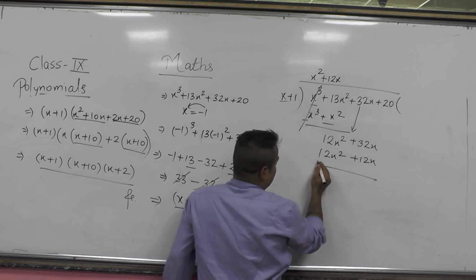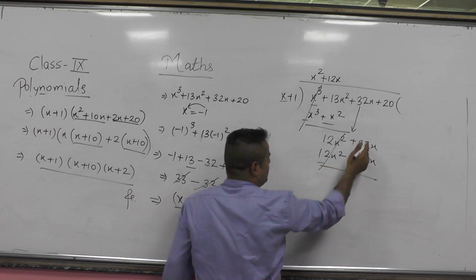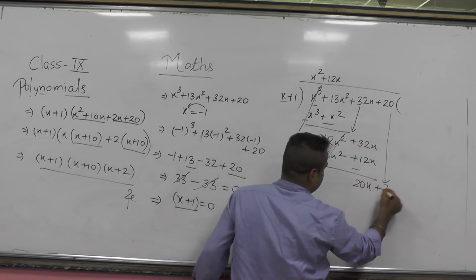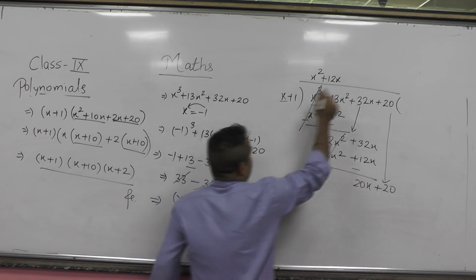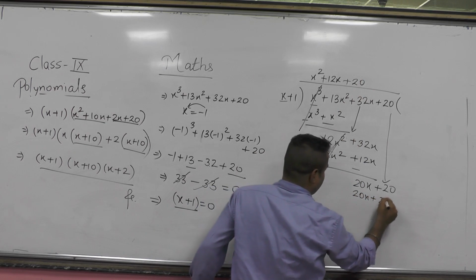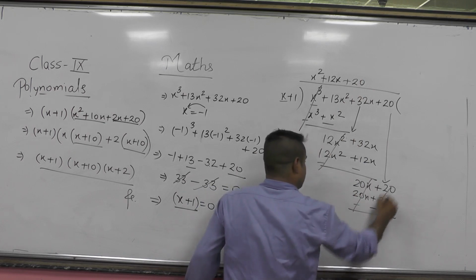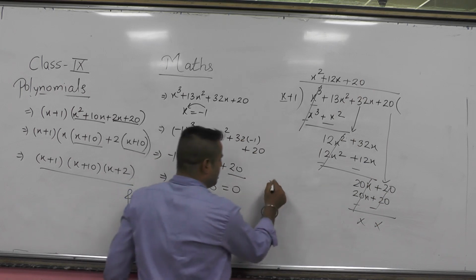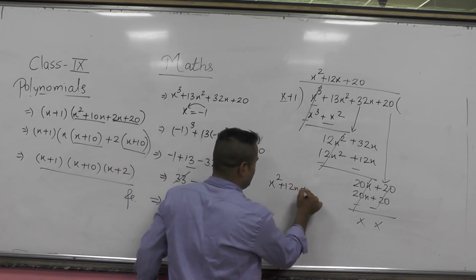This will get subtracted, 20x will remain, and the last term 20 will come down. Then we multiply by 20, so that 20x plus 20 will remain. We subtract it, this term gets cancelled, and whatever we got is x square plus 12x plus 20.